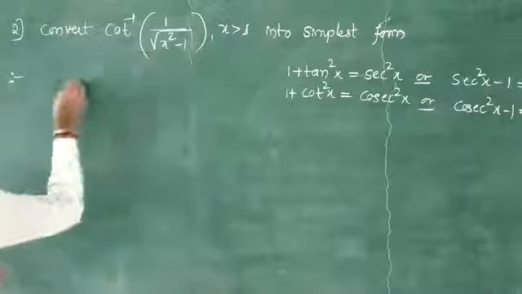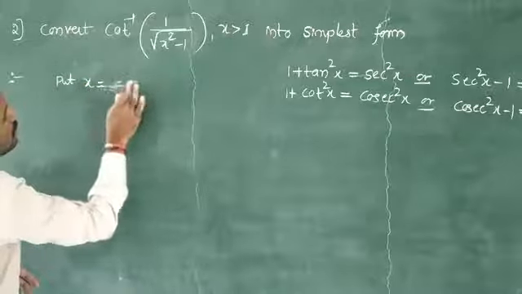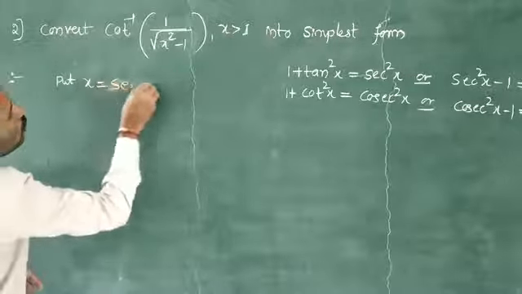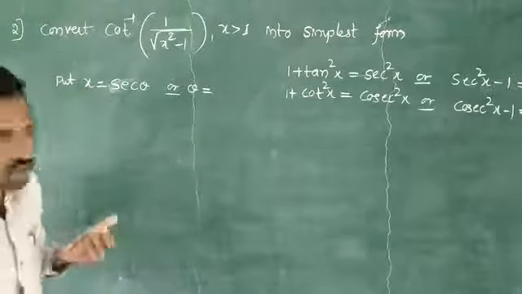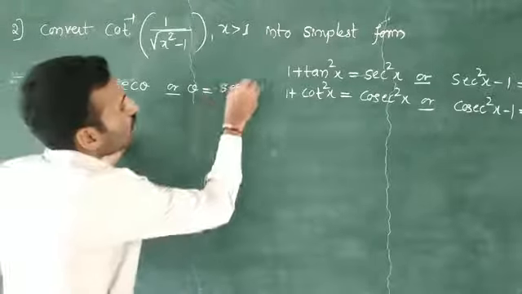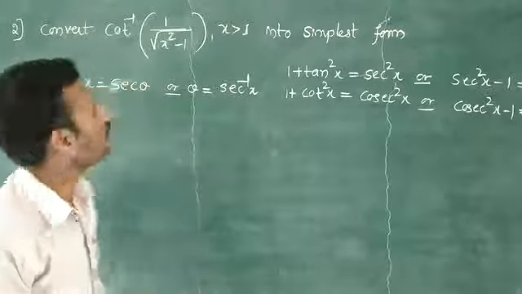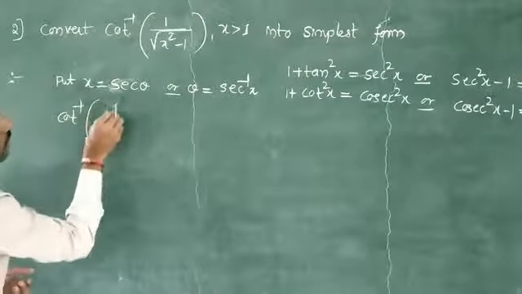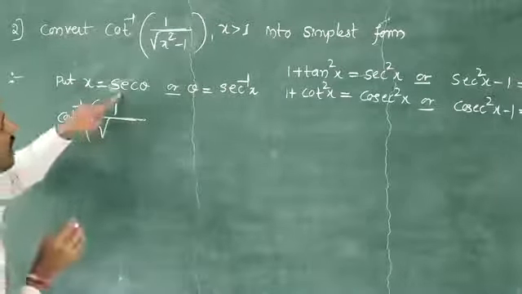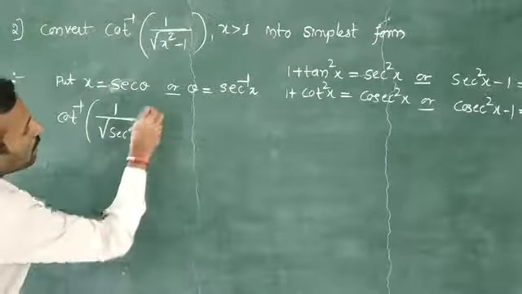I put x is equal to sec theta, or theta is equal to sec inverse of x. This is by the definition of inverse trigonometric function. Substituting here, the simplest form becomes cot inverse of 1 by root of, x is sec theta, x squared is sec square theta, minus 1.